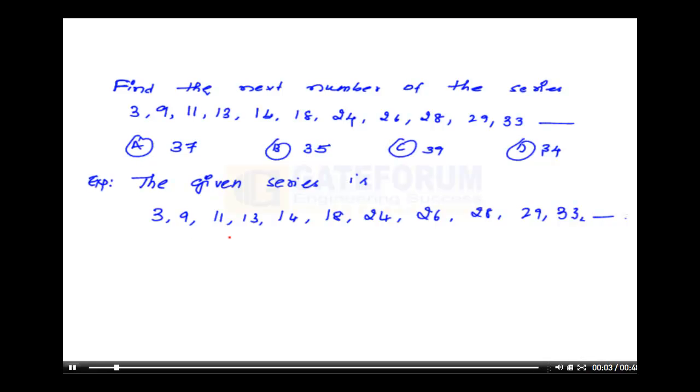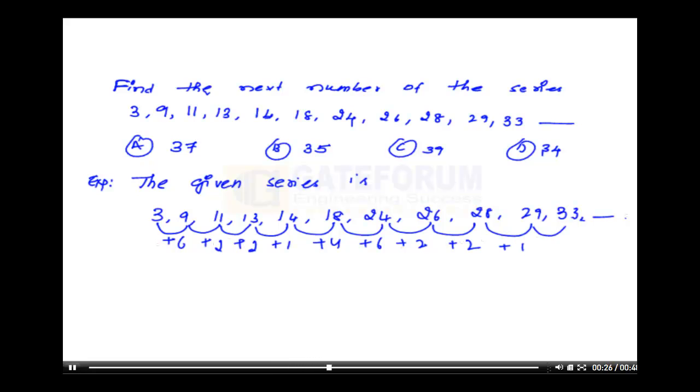3, 9, 11, 13, 14, 18, 24, 26 and so on. Now, let us see the pattern followed by this series. It is 3 plus 6 which is 9, then plus 2, then plus 2, then plus 1, then plus 4, then plus 6, then plus 2, then again plus 2, then plus 1, then plus 4.